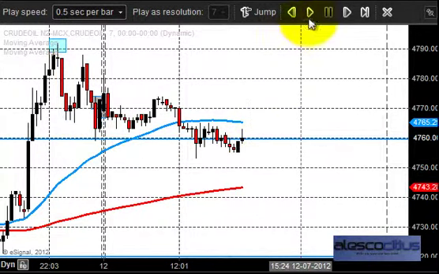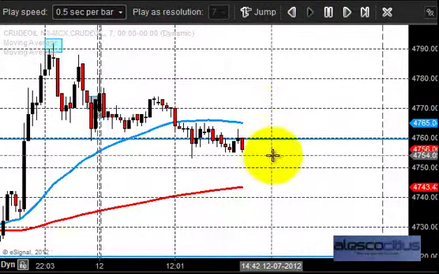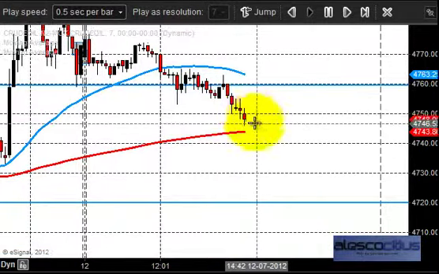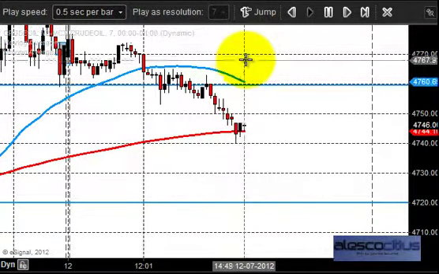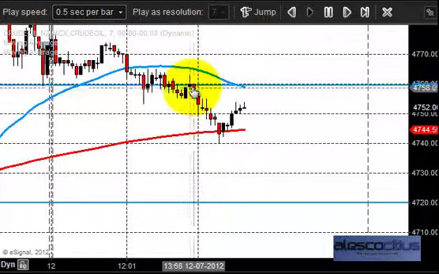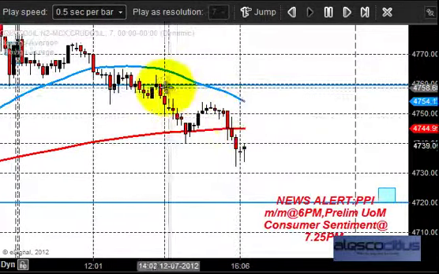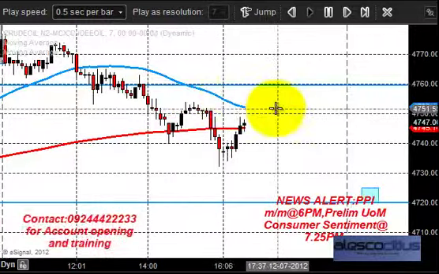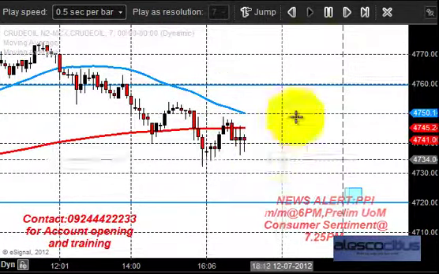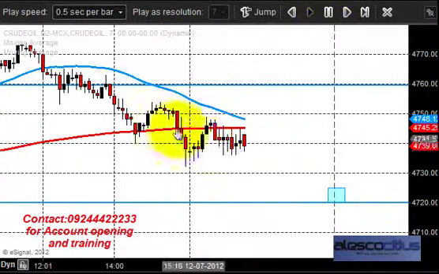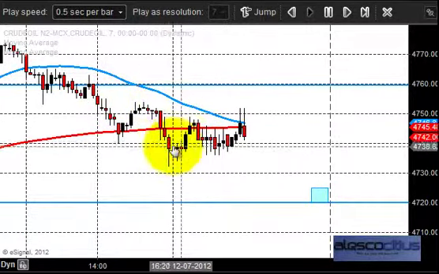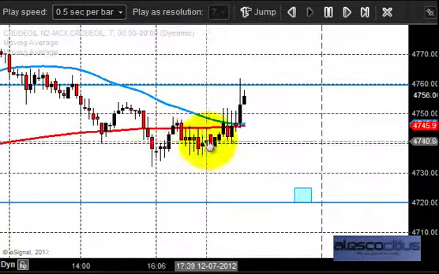So the market is really trying to decide where it should go, but it couldn't sustain and stay above 4,760, so it tried to move down, and again it is trying to bounce back. It had clearly taken a resistance around 4,760, and it doesn't have much strength.